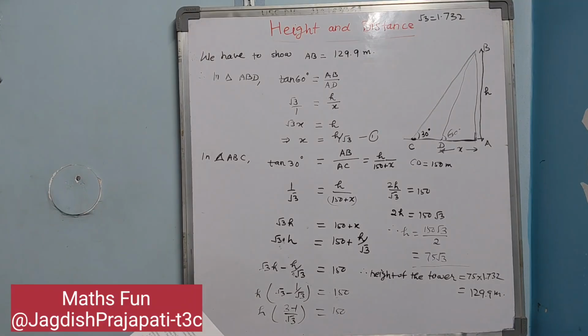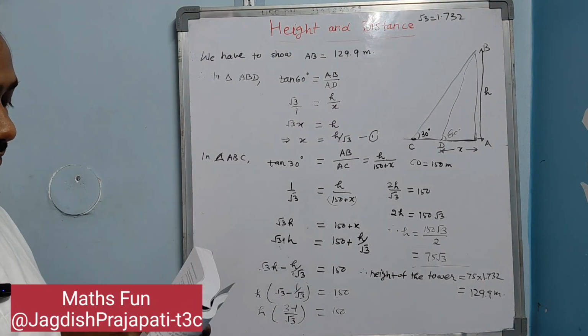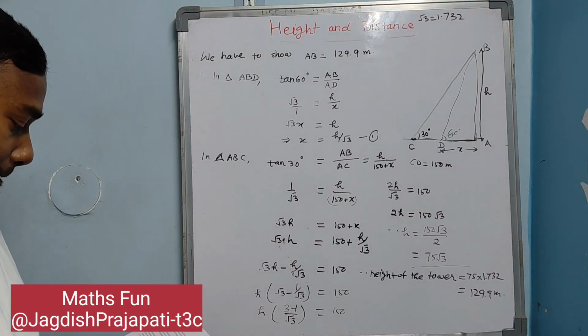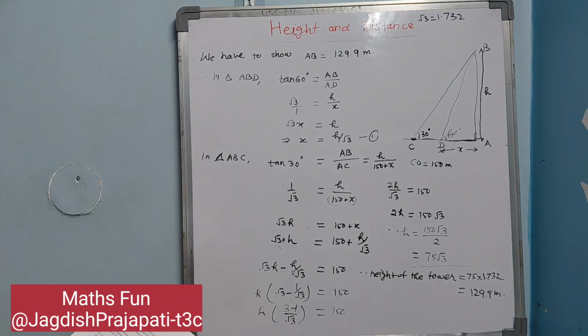I am leaving question number 8 as an exercise for you. Question number 9: the angle of elevation of the top of a tower from a point A on the ground is 30. On moving a distance of 20 meters towards the foot of the tower to a point B, the angle of elevation increases.